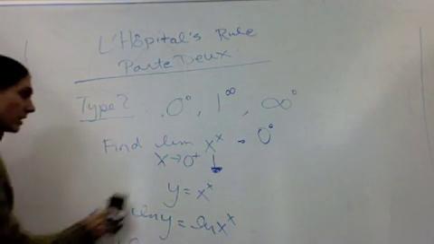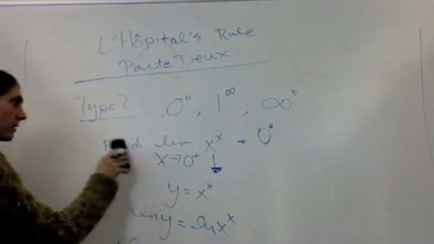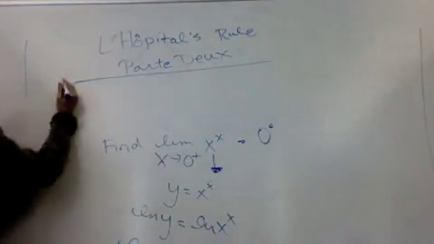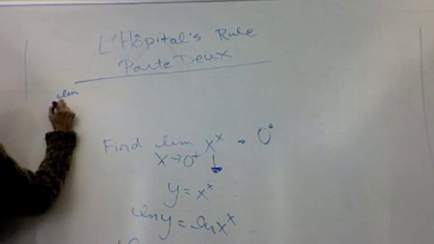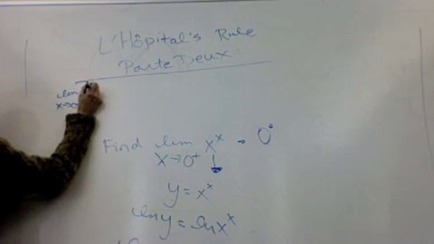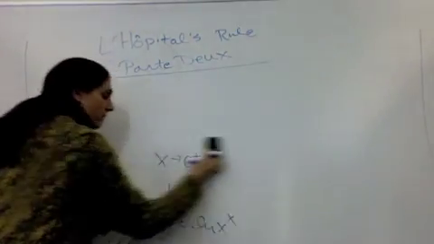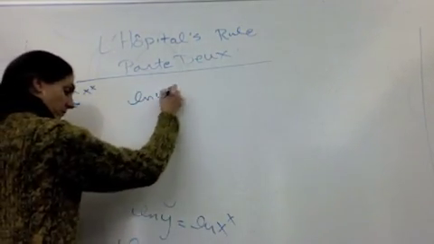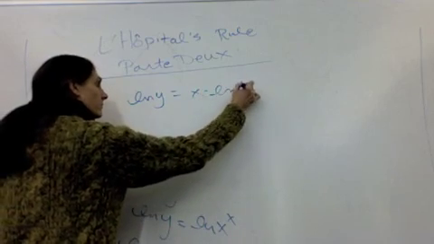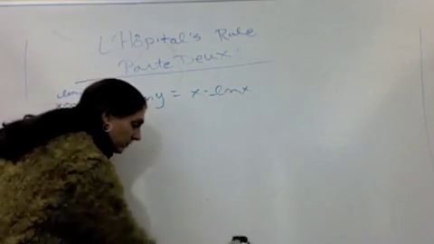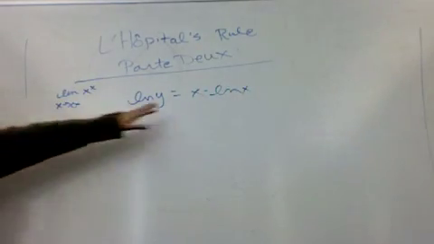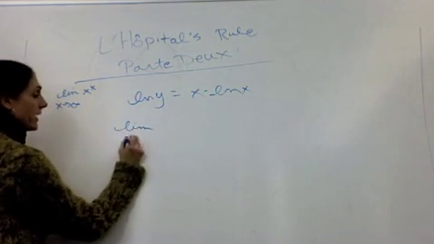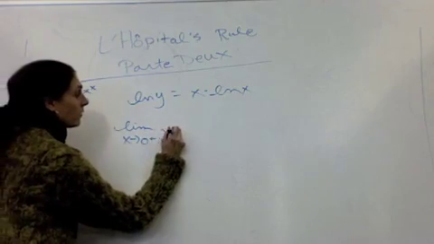So now, I'm going to erase all this. I'll put this up here. We're trying to solve this. So now I'm going to take the limit of this piece. I'm not going to do it again because I just did it.